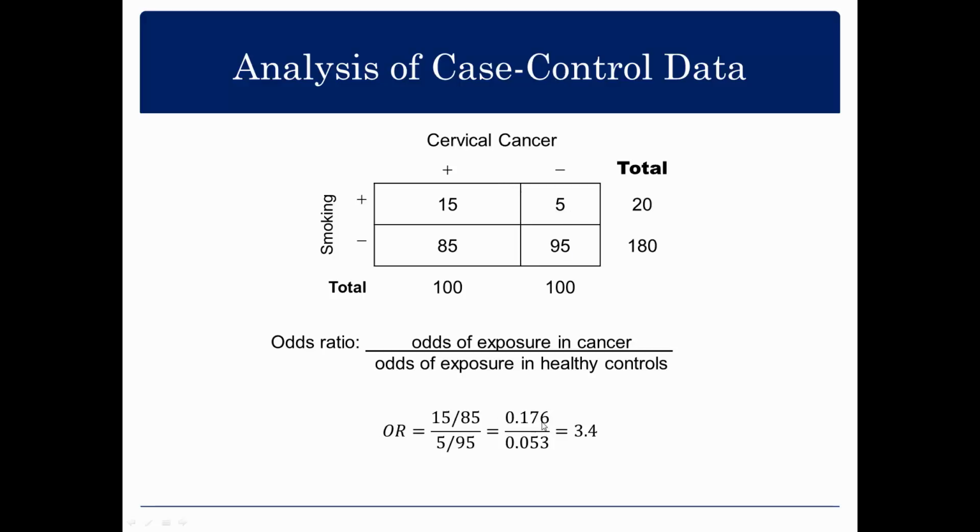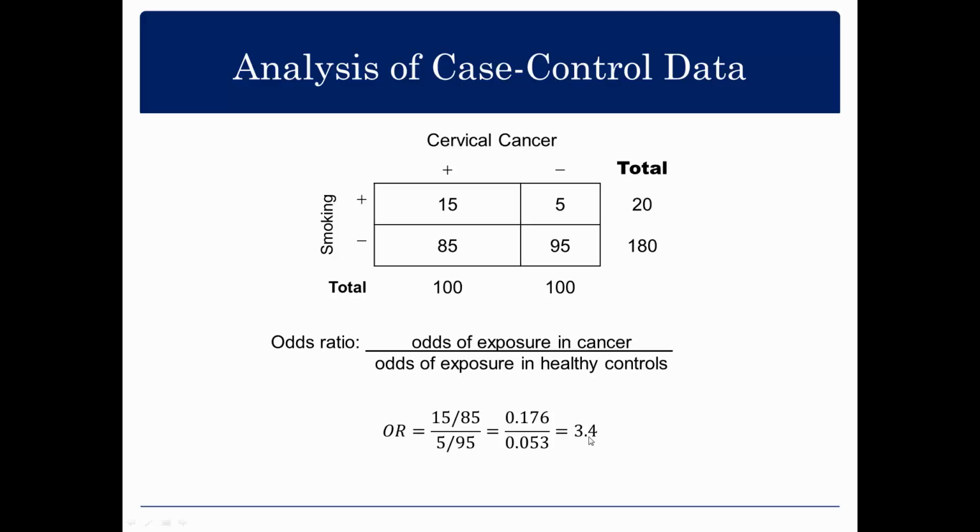So this is the proportion with the exposure who ended up being diagnosed with cervical cancer, and this is the proportion without the exposure who ended up being diagnosed with cervical cancer. And so it gives you, ratio-wise, the increased probability or the increased risk of developing the condition if you have the exposure.